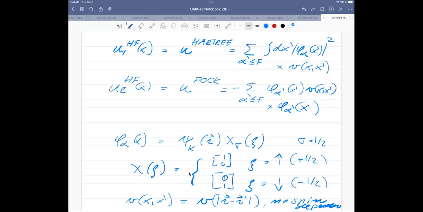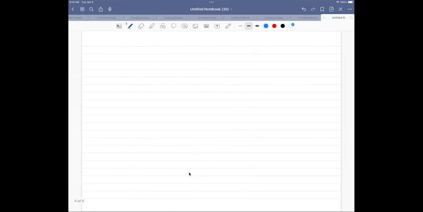Which means that since we have no spin dependence, when you look at this sum over alpha less than alpha F, this is going to be a sum over the spin values, which will now take the value plus 1/2 and minus 1/2. And then we have a sum over k less than kF here.